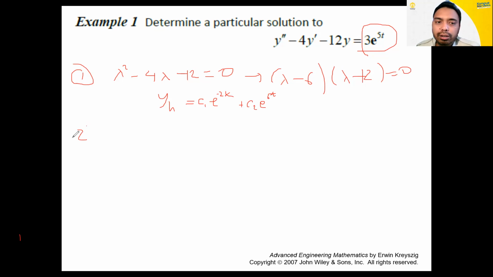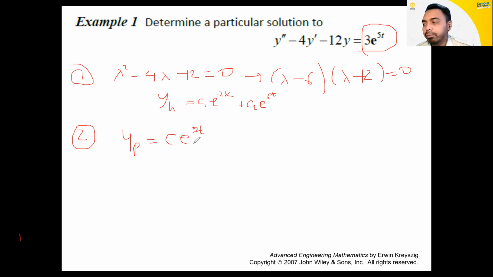And then for the YP, the choice of YP according to this will be C e to the power of 5t. Okay, and for this case, we don't have any similar form between YH and YP, so we don't have to modify this.